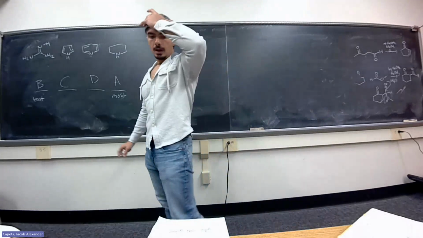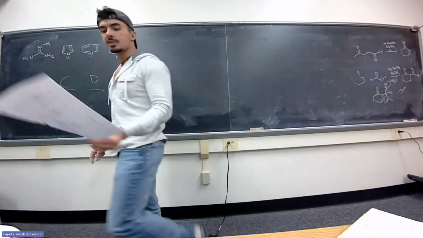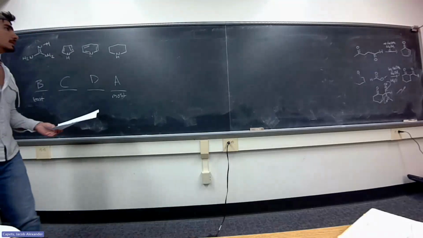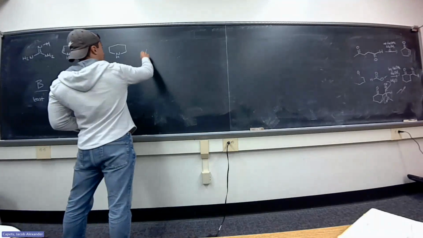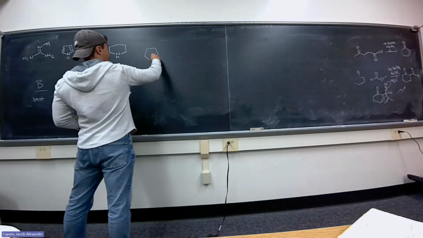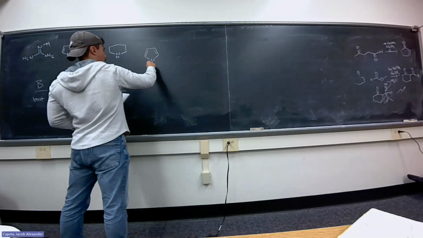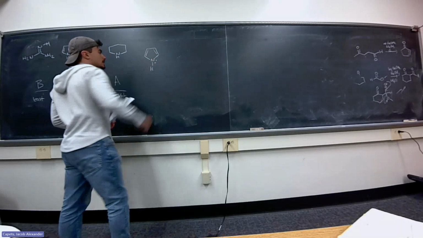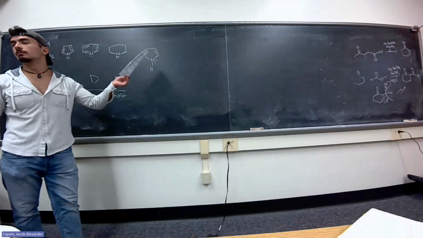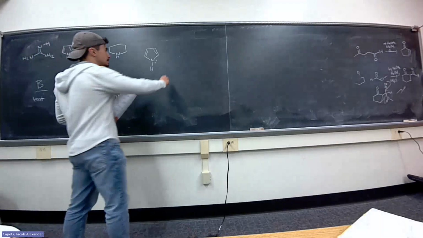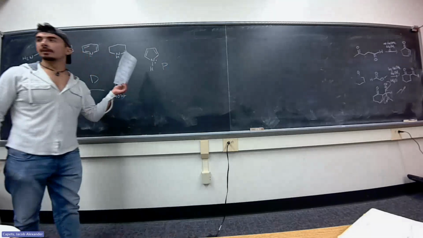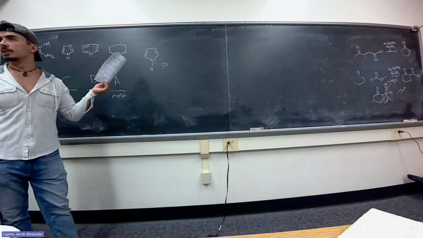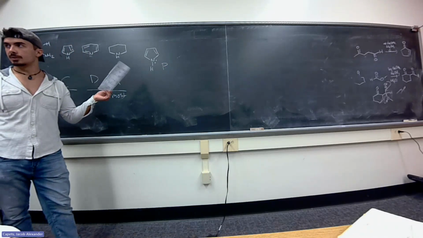Now I have a question on here about what orbital things are in. This lone pair is in which orbital? P, because it's aromatic. That lone pair needs to be in a p orbital in order to maintain the 4n plus 2 pi electron system.